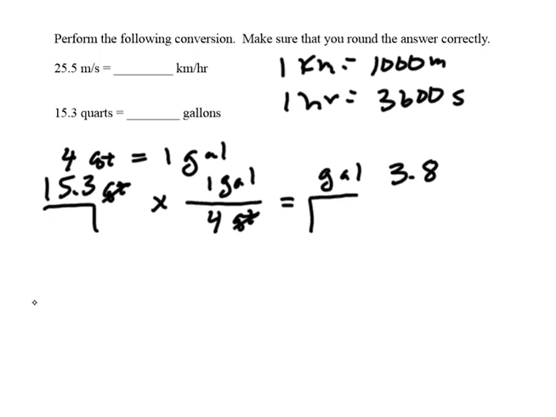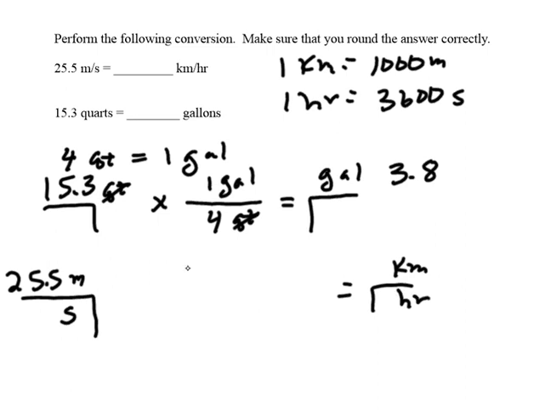So let me draw my bridge piece over here, my cliff, and I'm going to put 25.5 meters and then seconds here on the bottom. On the right side here, and I'll give myself plenty of room, I'll draw my equal sign. What are we going to? We're going to kilometers per hour.